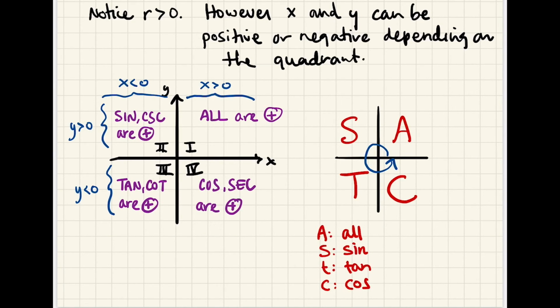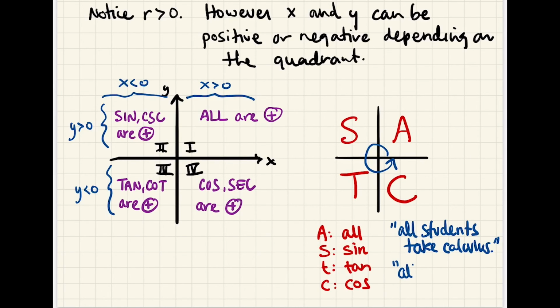And the mnemonic that's commonly used is all students take calculus to remember this. All students take calculus. Okay, that's not a true statement, of course, but it's good for memorizing this.